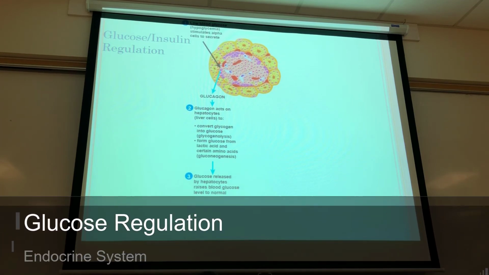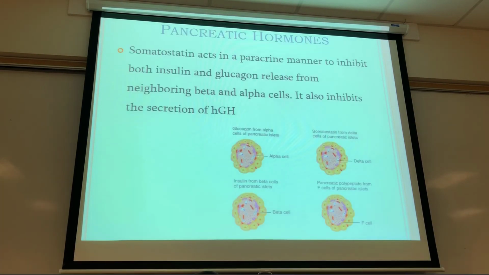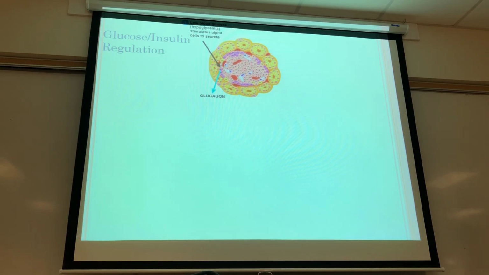This whole slide right here basically takes us through the same pathways. What we saw earlier for calcium regulation, you see the same thing for glucose and insulin regulation, where we get glucagon being produced in response to hypoglycemia, low blood sugar. Low blood sugar would result in glucagon being released.